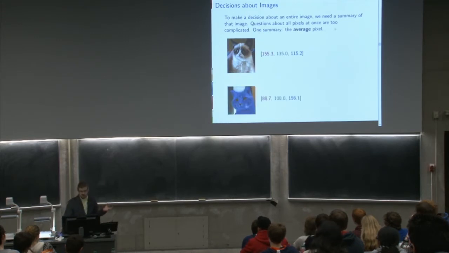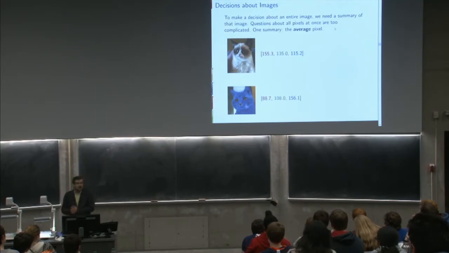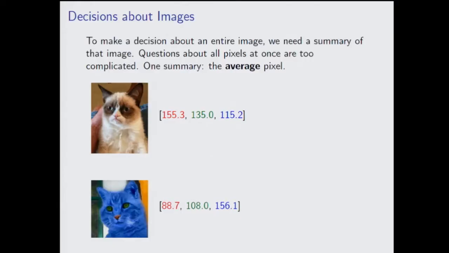And the reason it's going to be enough is that if we have a different image that has a different color distribution, it's going to have a different average pixel. So if you take Creepy Blue Cat here, his average pixel, and this is the actual real deal, I computed this, his red average is much lower, and his blue value is much higher, which is reflected in the fact that it's mostly blue. His green value is actually pretty big as well.